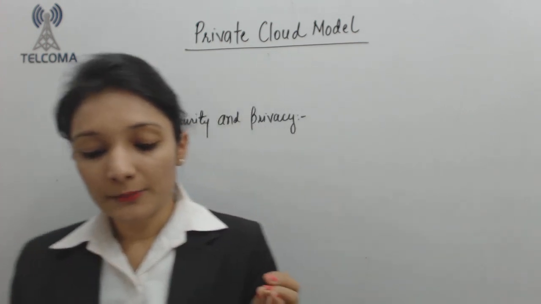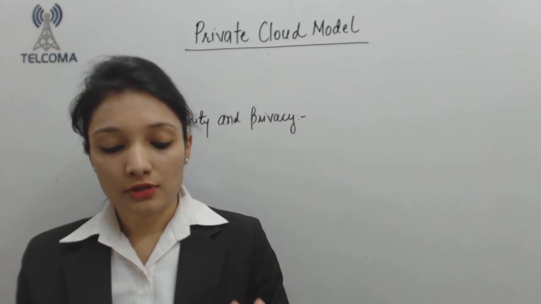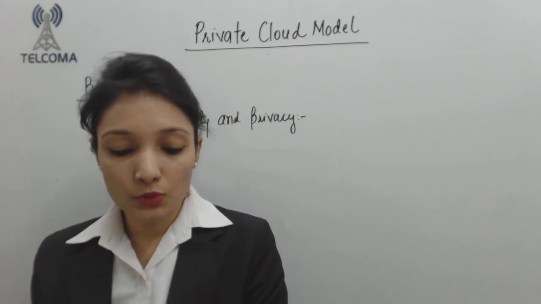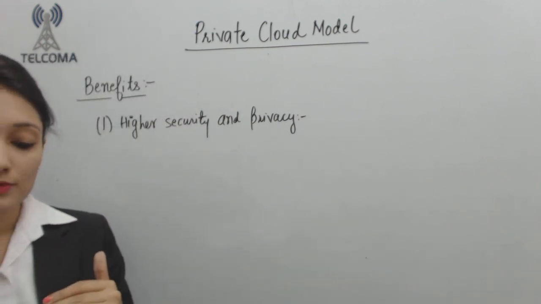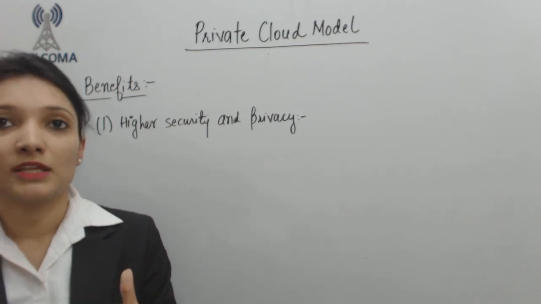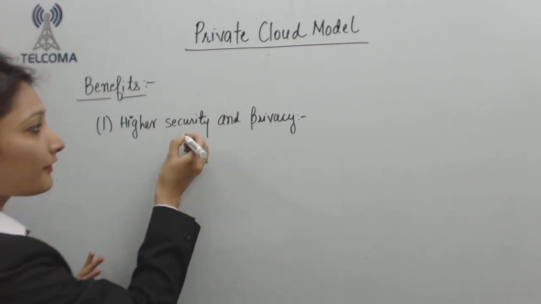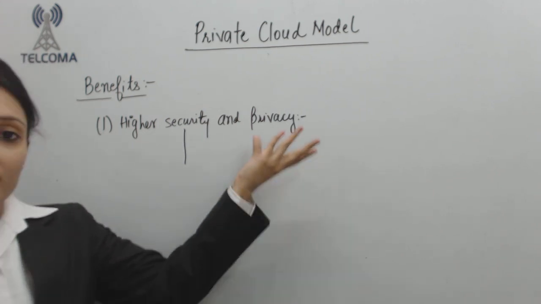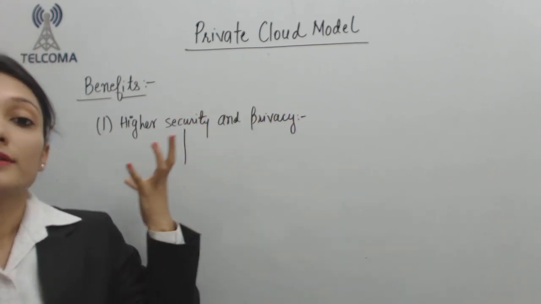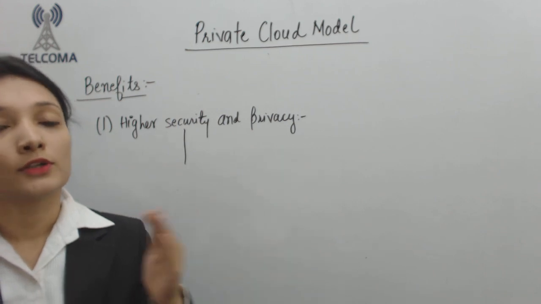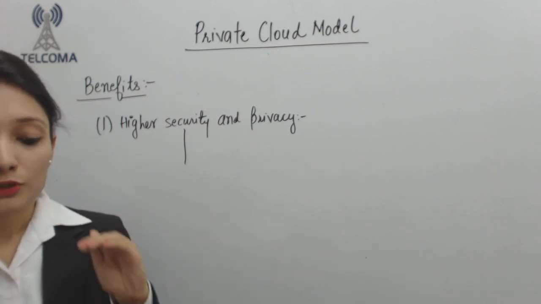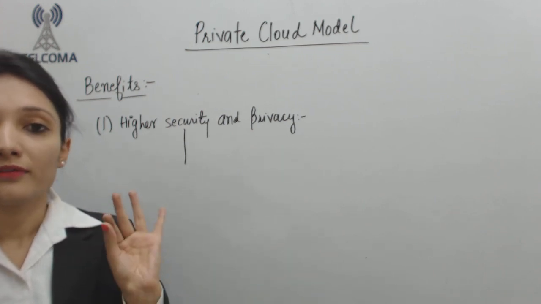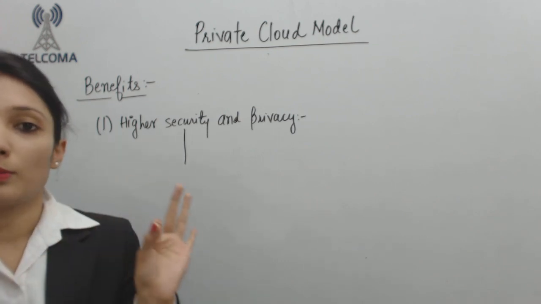So as the resources are shared from a distinct pool of resources, access is restricted to connections. That is how it provides higher security and higher privacy, because whatever the operations, activities or resources are with the private cloud, they are not available for public use. It has a distinct pool of resources which is not available to the public.